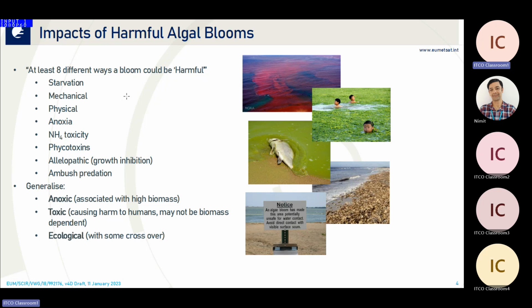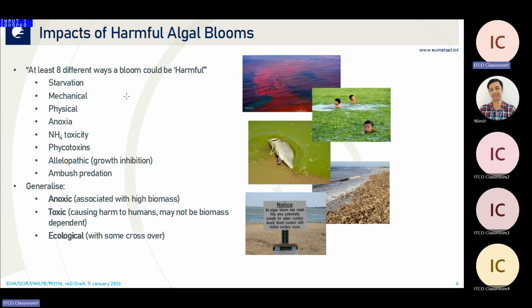It's through starvation, through mechanical or physical damage to the ecosystems, through anoxia, absorbing all the oxygen, through the toxicity of ammonia, through phycotoxins that are in the algae, and through growth inhibition, what is called allelopathic damage, or ambush predation.